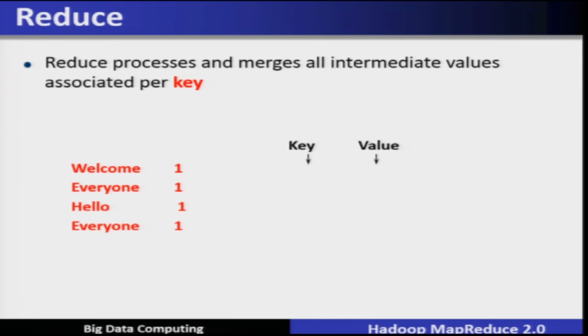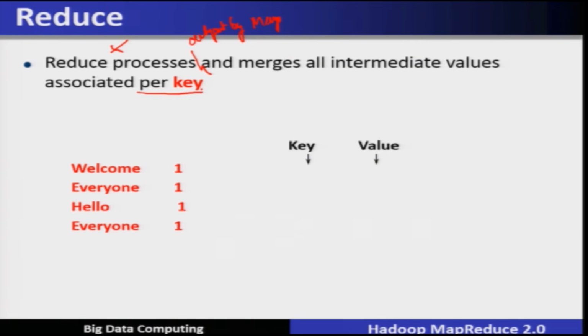After the map, the intermediate values generated in the form of key value pairs will be used as the input for the reduce function. So, reduce processes these intermediate values output by the map function, and then merges all the intermediate values associated per key.